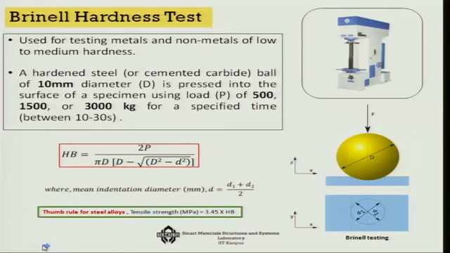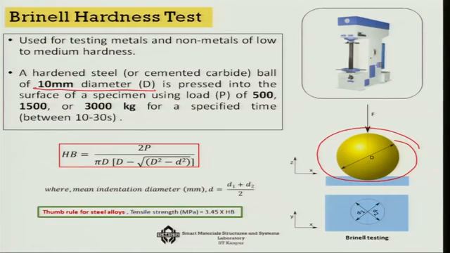In this case, however, the indentation is done not by a cone, but by a hardened steel ball, as you can see here, or sometimes a cemented carbide ball, of 10 millimeter diameter, generally capital D, which is conventionally used.